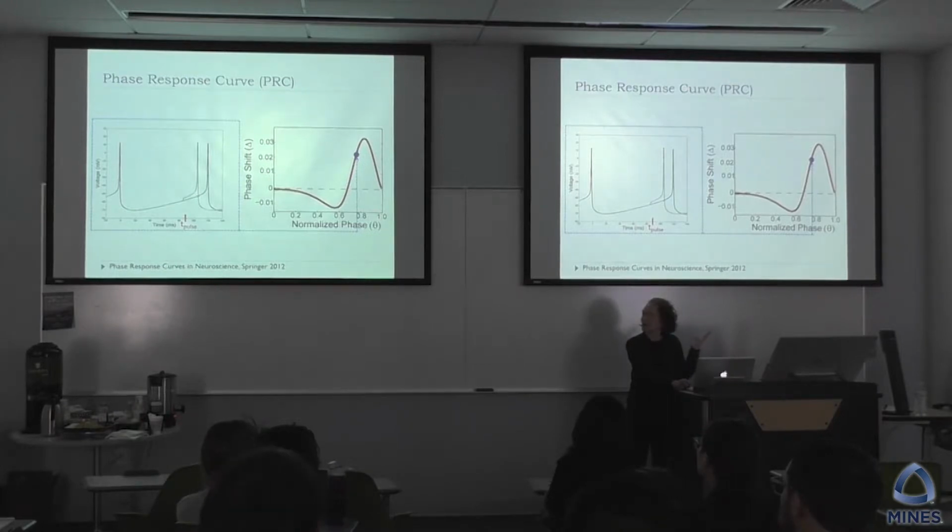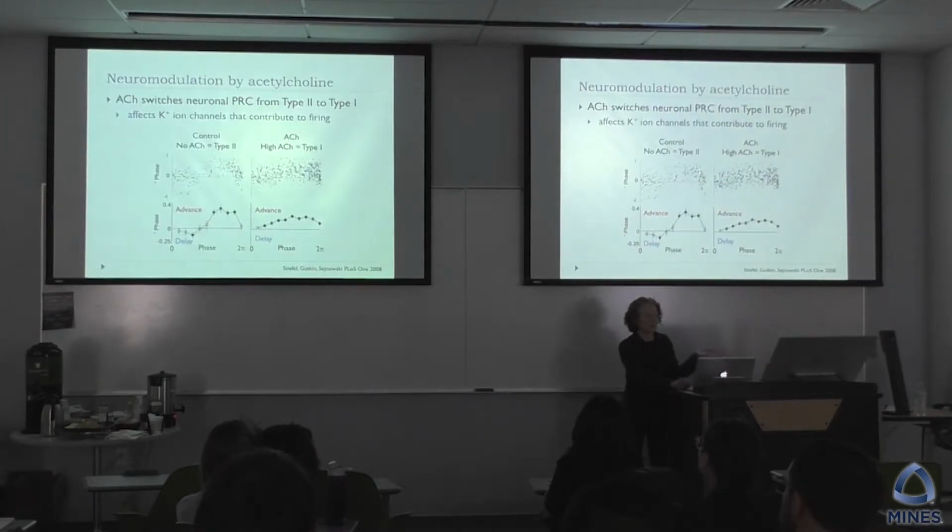What's been observed under acetylcholine for these pyramidal cells in the cortex is that acetylcholine can change the profile of the phase response curve. Here are some experimental measurements of phase response curves.